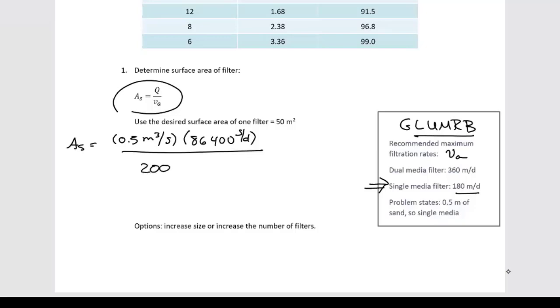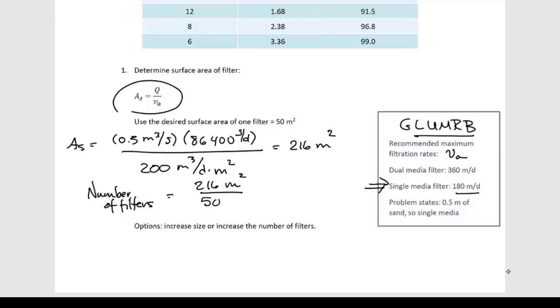So let's just initially look at that using the 200 meters cubed per day per meter squared, or meters per day. And that would give us 216 meters squared.